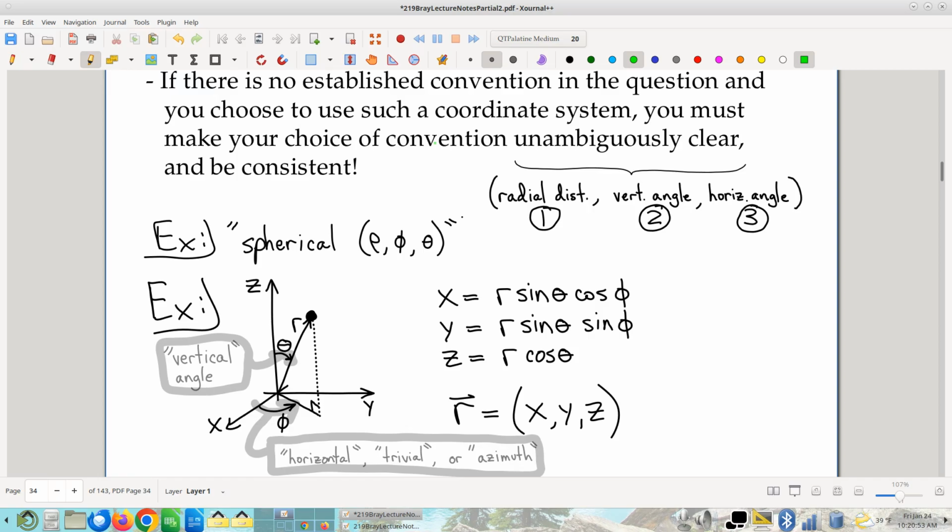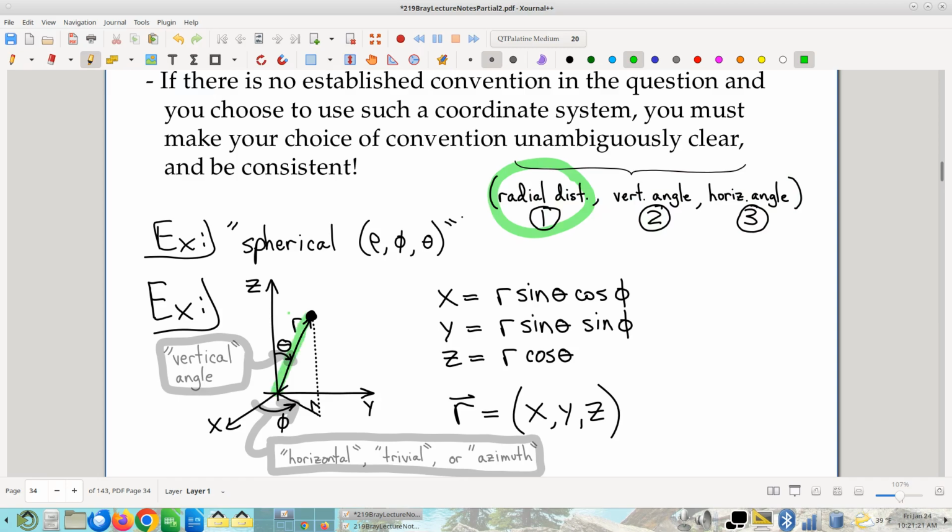And that is to, in parentheses, indicate, separated by commas, the three variable names that you're going to use to represent the spherical coordinates, specifically in this order as I have indicated here. Right? So first, what we'll call the radial distance.